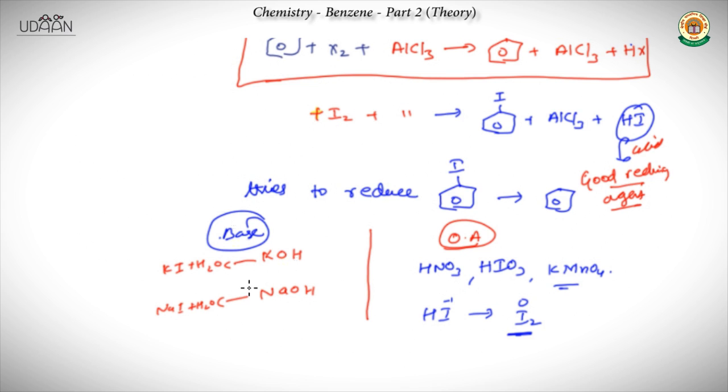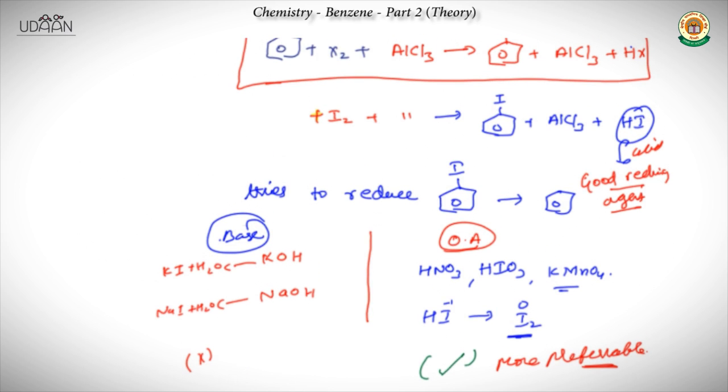Now if you want to see which one of these is more preferable, I say that this oxidizing agent is more preferable than the base. This is because with the oxidizing agent you are getting I2 as a product.